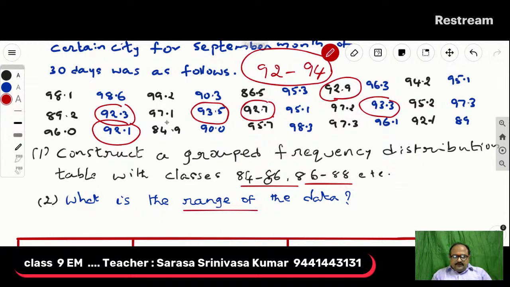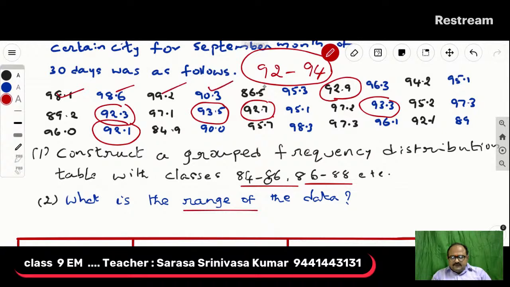So total how many observations are there in this class interval? Let us check this again. 92 to 94. This is verified.